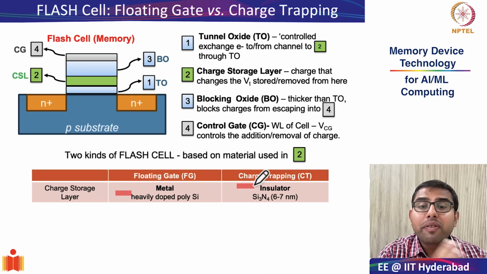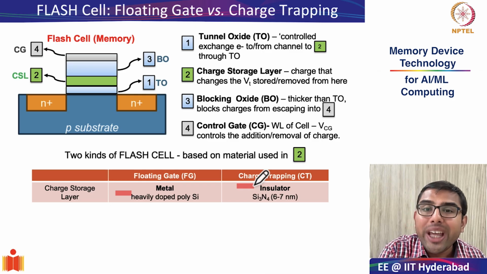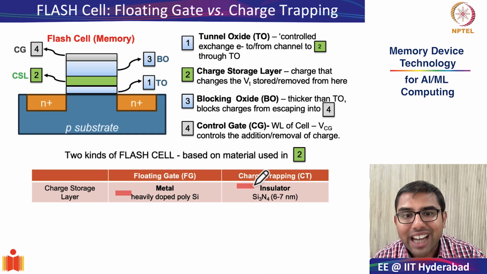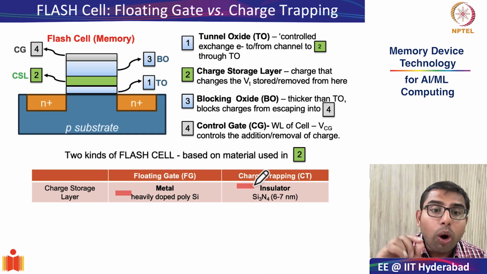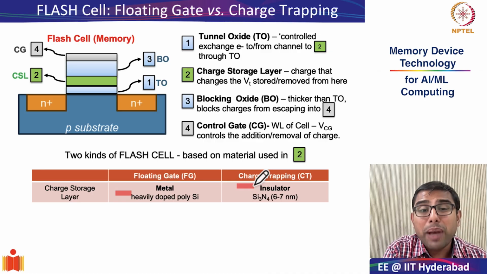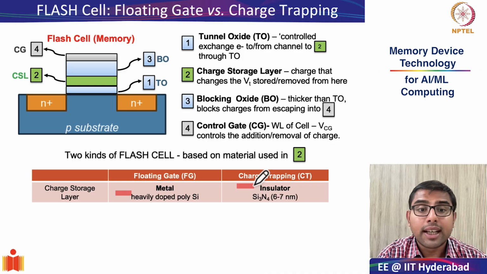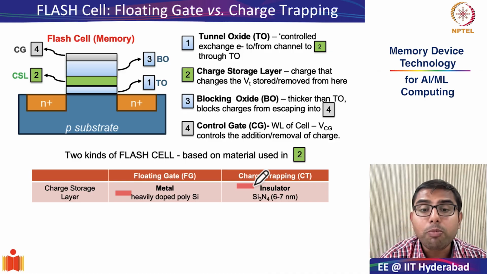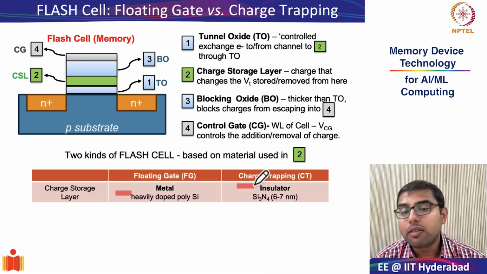So as we will see when we go from 2D to 3D flash, we will see how the floating gate is more useful. It's a simpler implementation, but it becomes very difficult to scale the floating gate flash cell. So that is why we start moving towards the charge trapping flash cell.